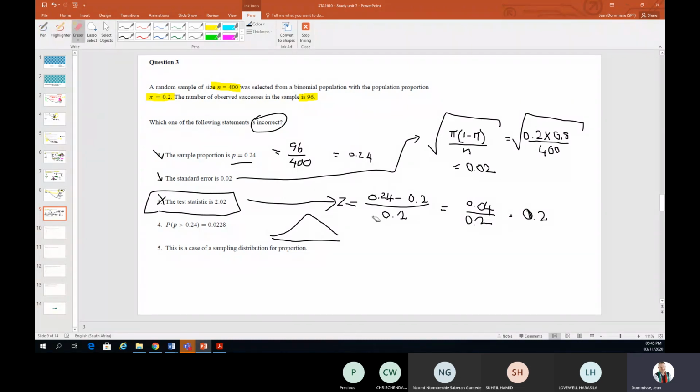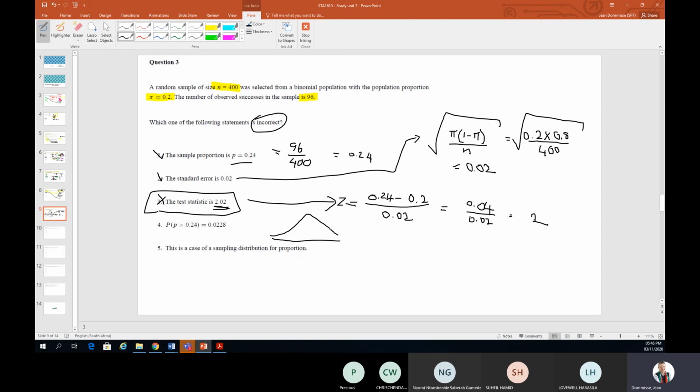That just looked too small. Okay, so let's just check again. That should have been 0.02. Okay, so that would give me an answer of 2, which still makes it wrong.